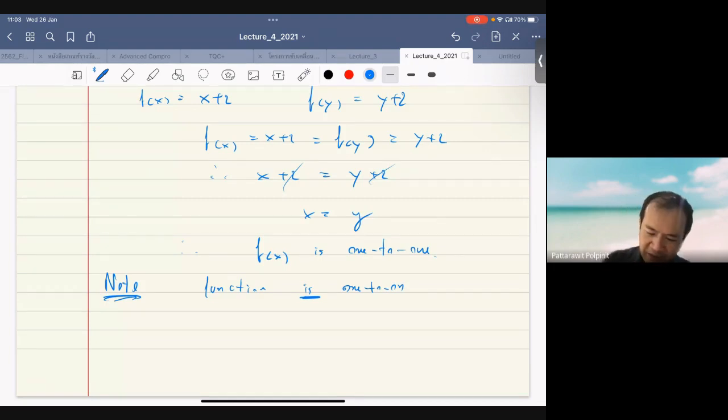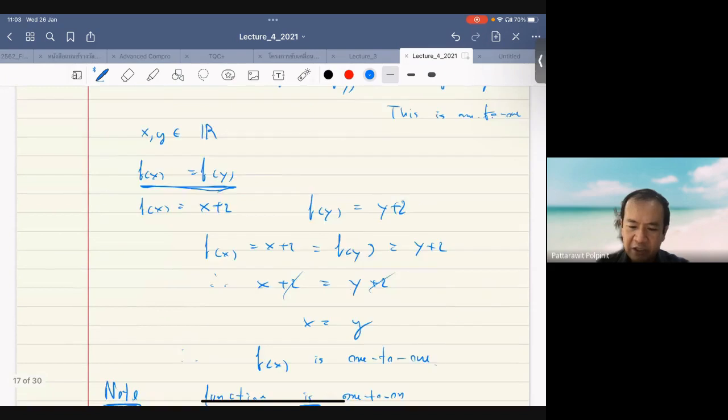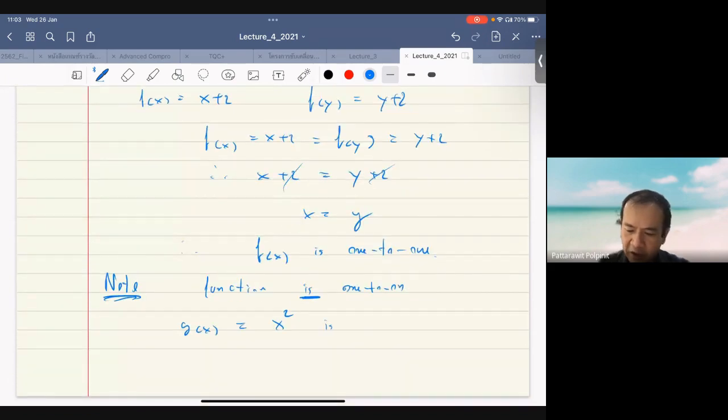For example, remember this one, g of x is equal to x squared, right? We know that earlier this one is not one to one. But if we try to give an example, let's say x is equal to... no, this is not what I'm thinking of. Okay.